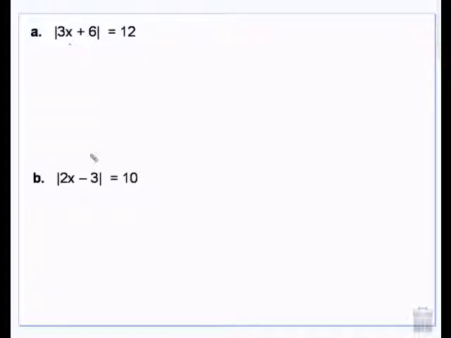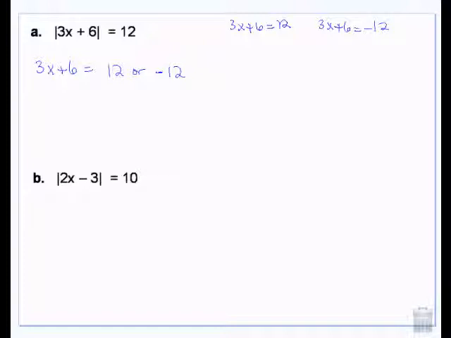Once I get to this point where I've got the absolute value by itself, you know, in the first example, I said, okay, we're going to split it, and you got 3x plus 6 equals 12, and 3x plus 6 equals negative 12. So you can write it like that, or you can write it like that.